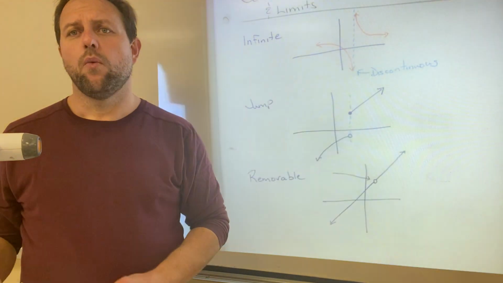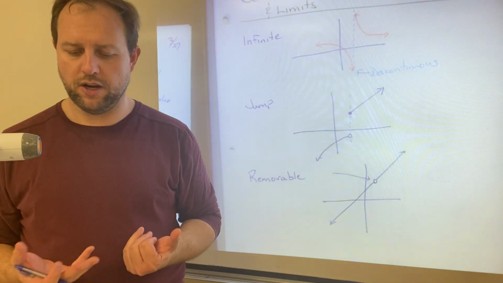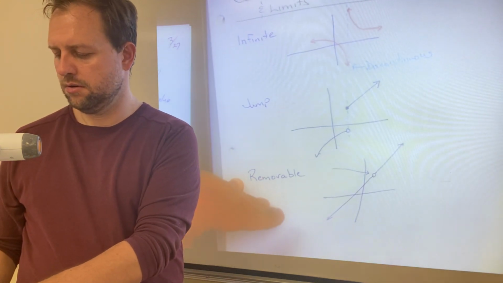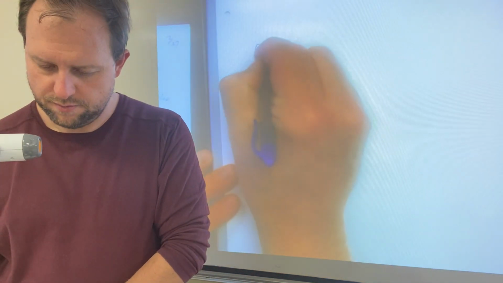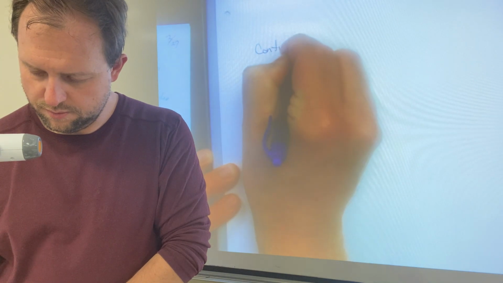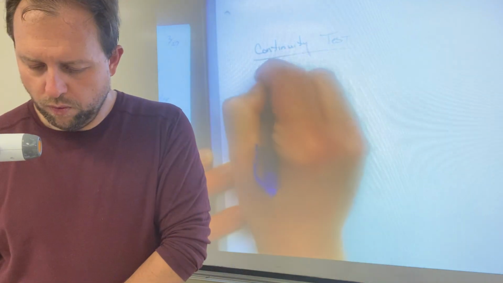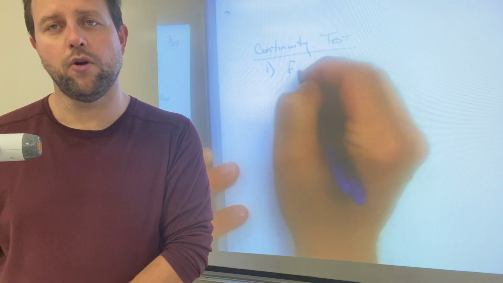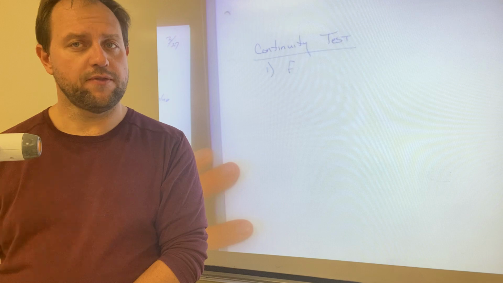Okay? Whether a function is continuous or not depends on a few factors, and we call this a continuity test. For our continuity test, there's a few things we need to look at to see whether or not it's continuous at a certain point.